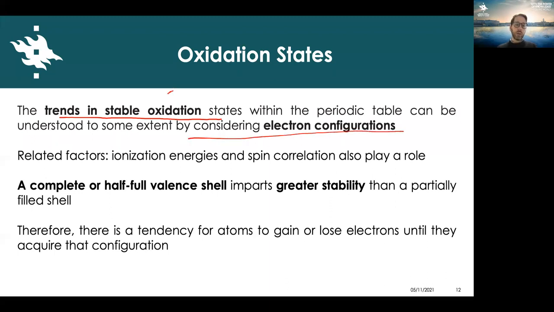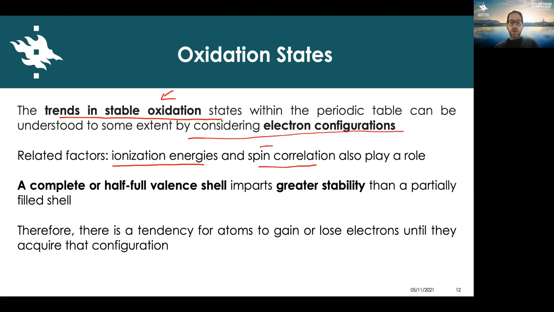So there is a correlation between the stable oxidation state and the electron configuration of the atom, which can be inferred from the position of these species in the periodic table. There are some related factors, such as the ionization energy and spin correlation, that also play a role.